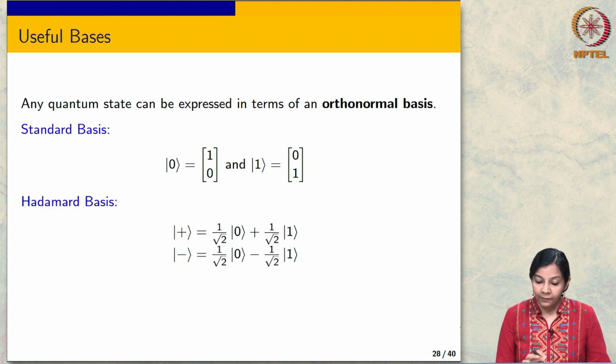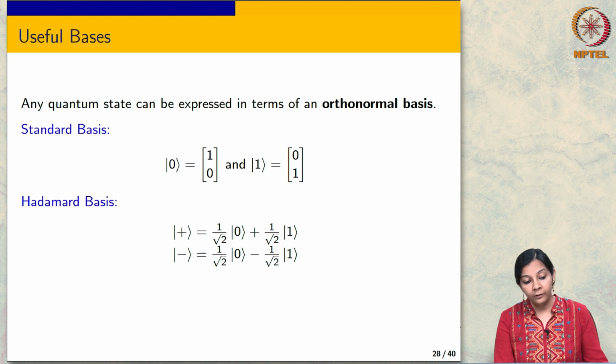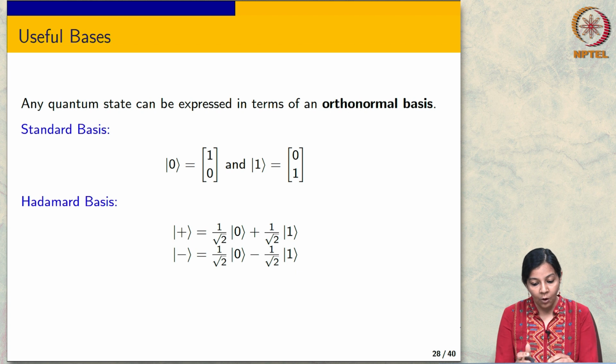There is also another very popular basis which is called the Hadamard basis. This is kind of cool because the basis is quantum, it has quantum behavior, right. Here the basis vectors are superpositions of classical bit vectors.